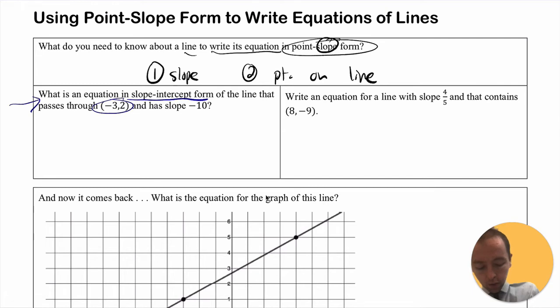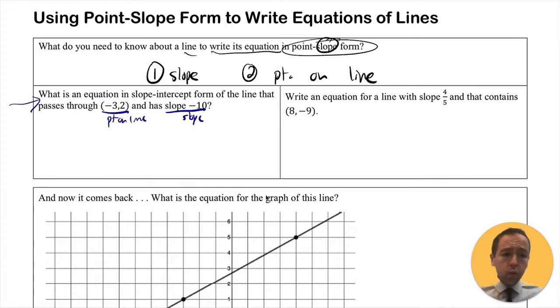So we don't really know the y-intercept. So just because something's asking for slope-intercept form doesn't mean you need to start out there, because what we know about the line right now is we know its slope, and then because it's going to pass through that, that's going to be a point that's on the line, which means we have enough to write this in point-slope form, and then just from point-slope form we can solve that to get y alone, and then get it in slope-intercept form like it's asking for.